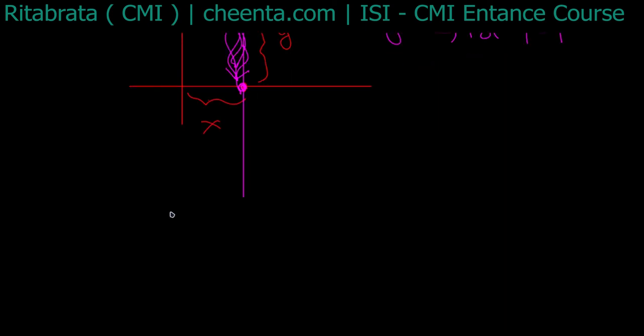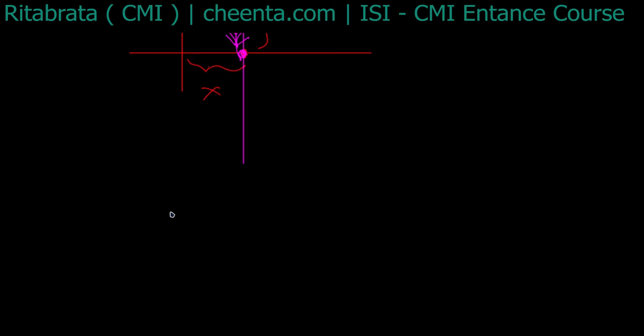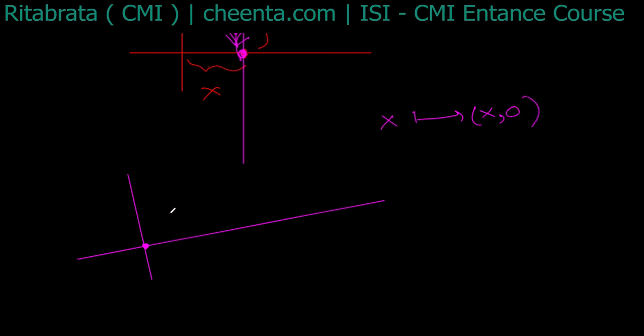g is 1-1 but g is not onto, because what does g do? g maps x to (x, 0), from R to R2. Now if I vary over x, (x, 0) is just the real axis, and it doesn't cover any coordinate that has a non-zero y coordinate, so it does not cover any other part of R2.